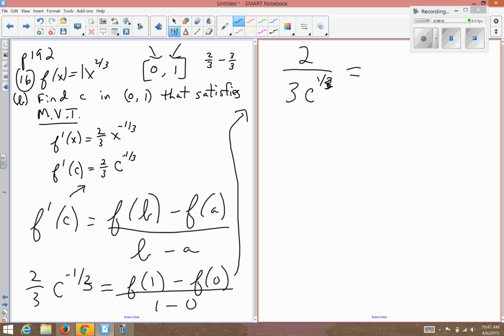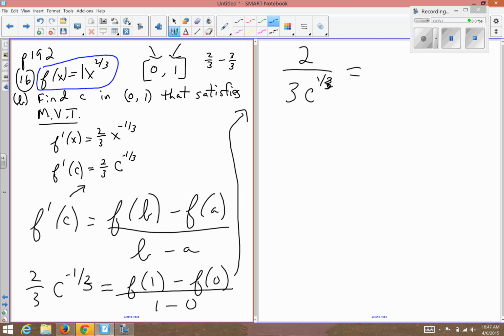And f of 1, according to what's given, is 1 to the 2/3. F of 0 means 0 to the 2/3.